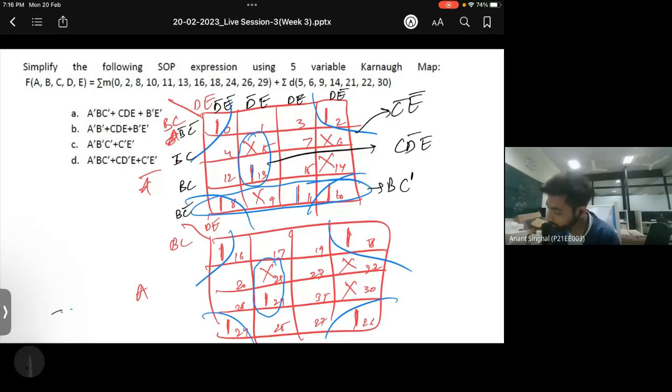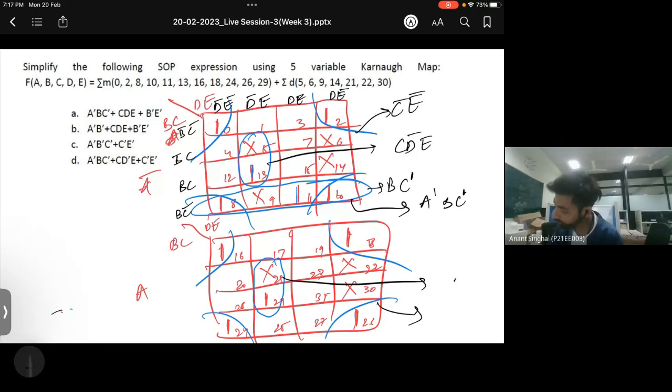So we'll take those in which A is 0. So this will be A bar, B bar, C bar, and from the right again the same, only this is left here.